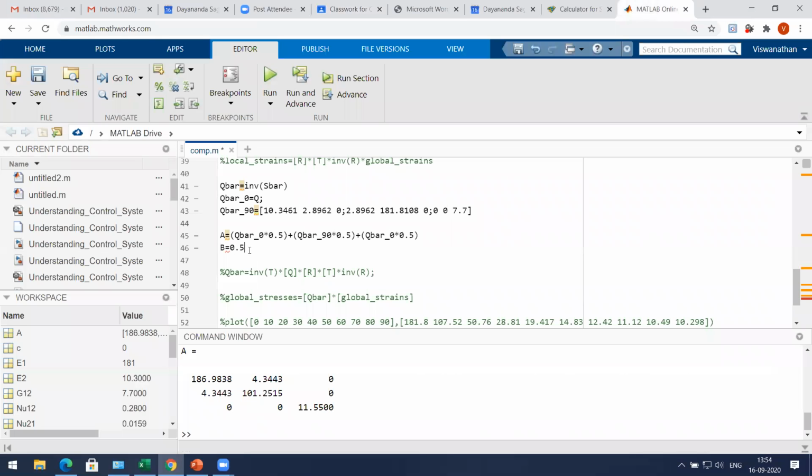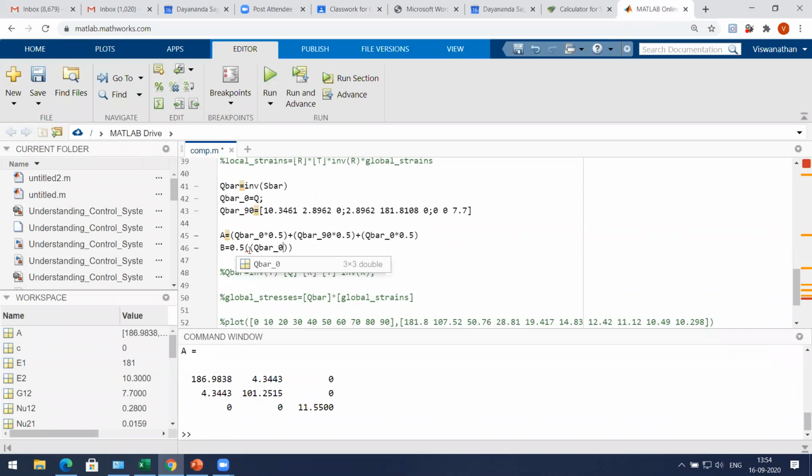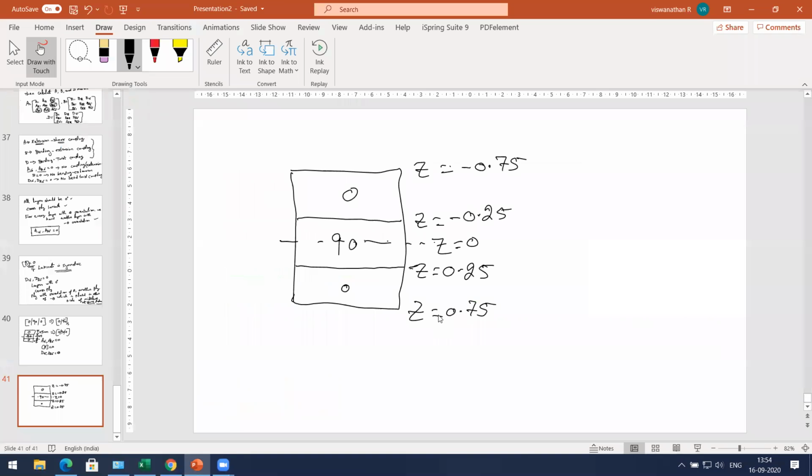So this is 1 by 2, which is 0.5, and then it is q bar underscore 0 multiplied by, if you see here, 0.75 square minus 0.25 square.